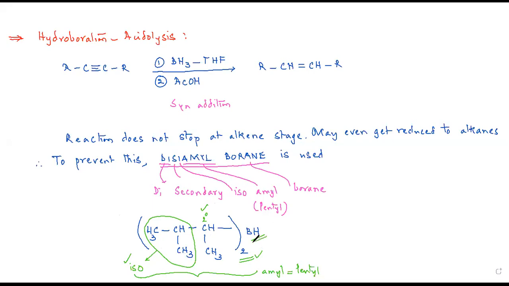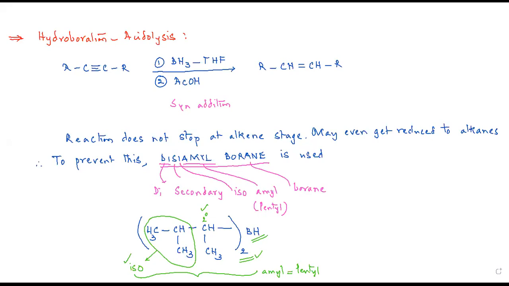Then the final thing is borane. Di, secondary, iso, amyl or pentyl borane. This is what we use for partial reduction of the alkynes.